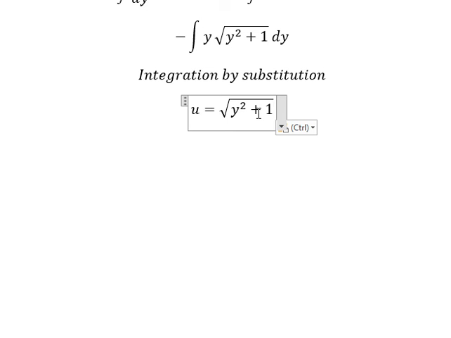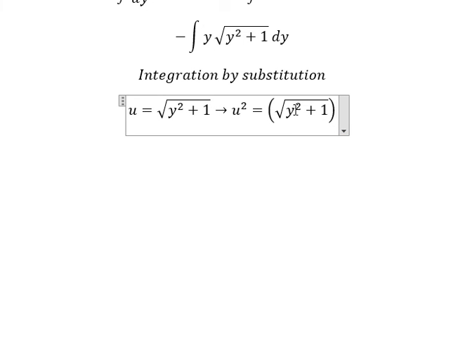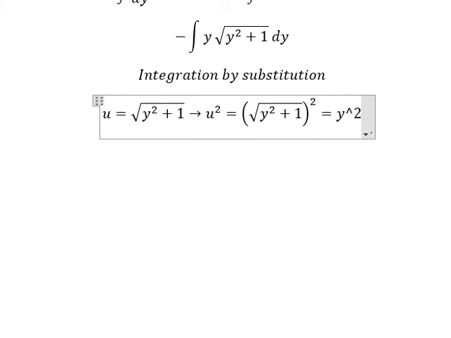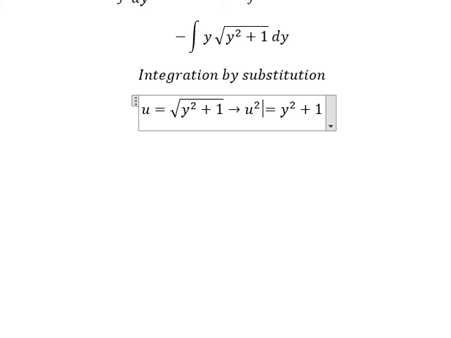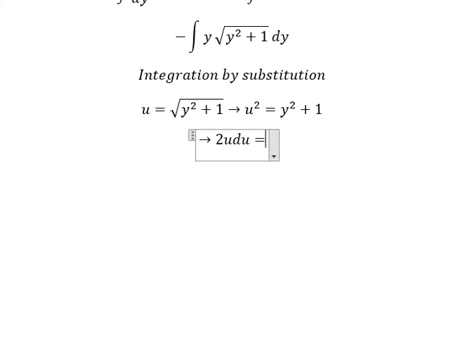So, we put the square for the both sides to cancel about the square root. Next, we need to do first the derivative for the both sides. First, the derivative of u square, we have 2u. This one we have 2y.